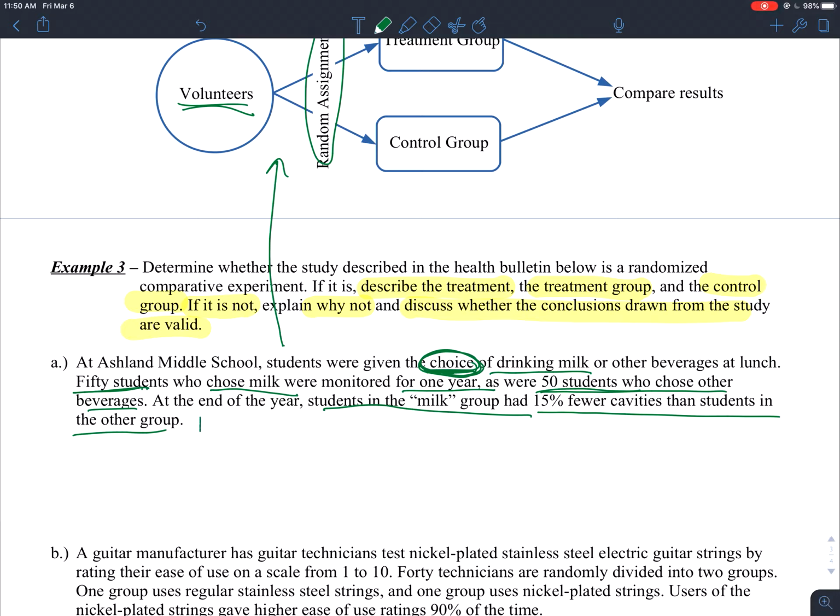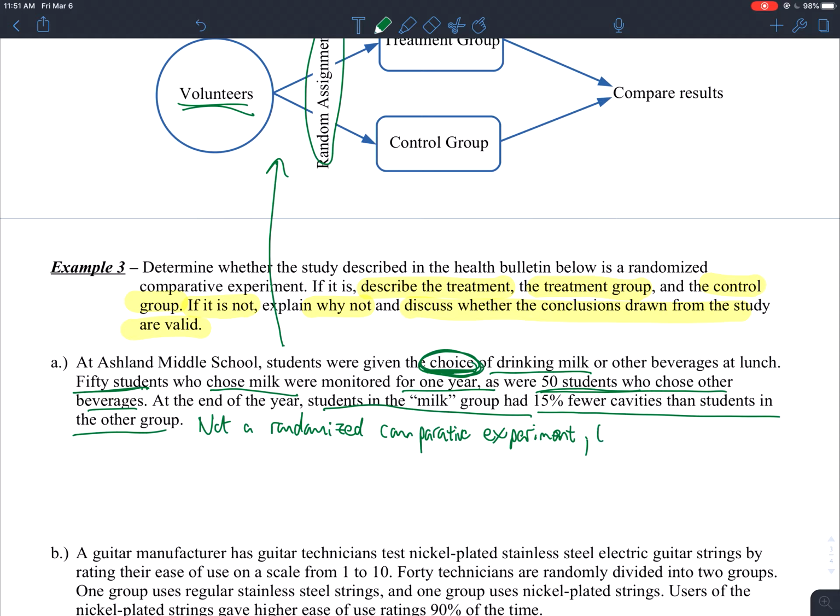It's not a randomized comparative experiment. Done, because random assignment wasn't done.